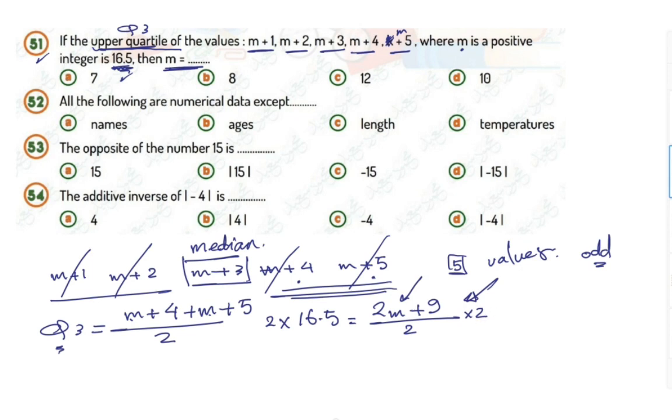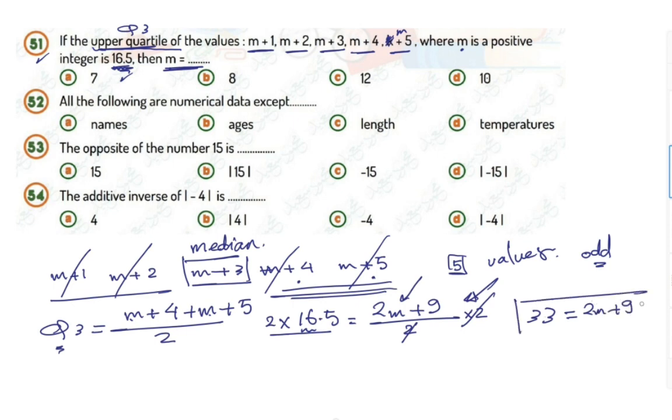Why? Because 2 over 2 equals 1, and 2 times 16.5, note with me, 2 times 16 equals 32, and 2 times a half equals 1. So 32 plus 1, that's 33, equals 2m plus 9.